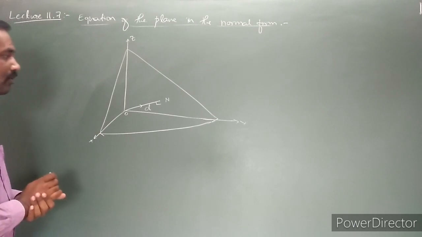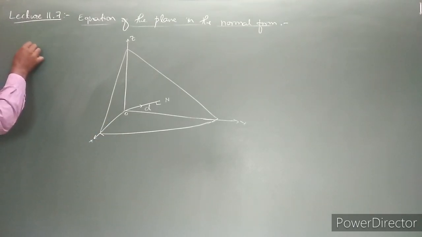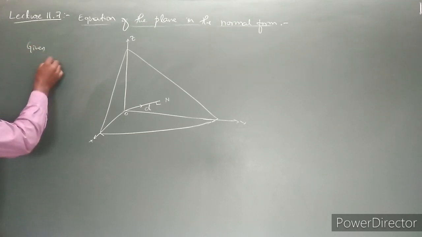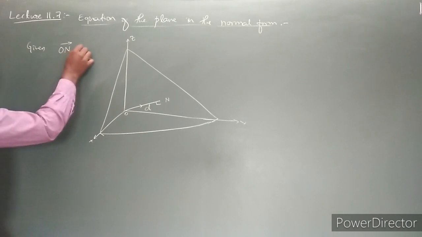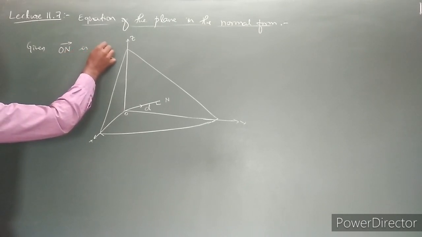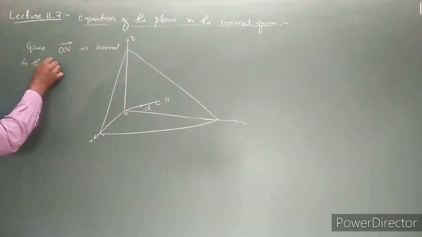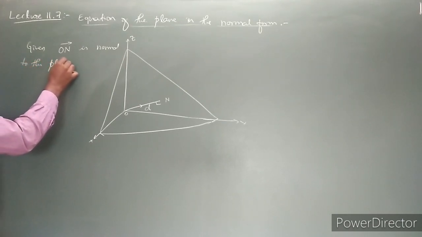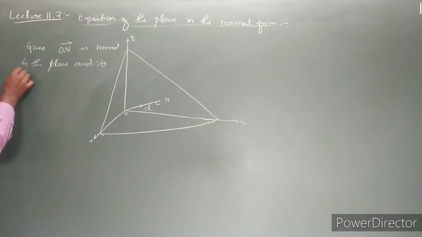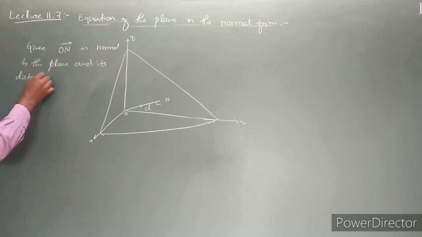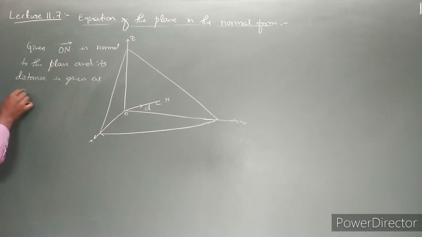How to find the equation of the plane? First of all, I write the given thing. Given: vector ON is the normal to the plane, and its distance is given as d.